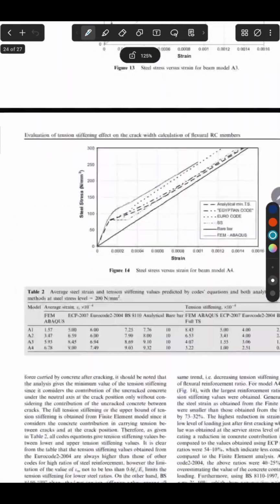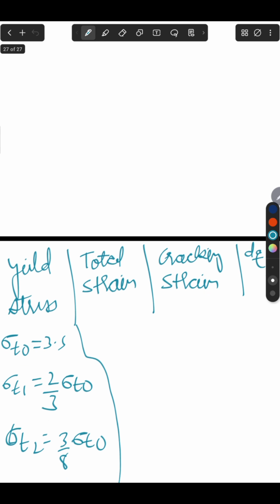So we can find this. First strain will be sigma T naught by E.